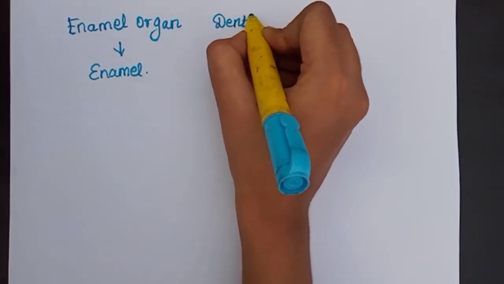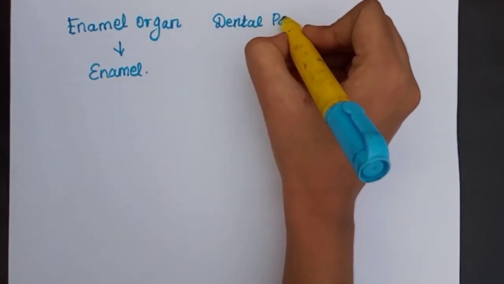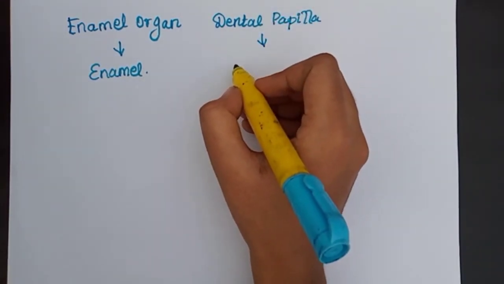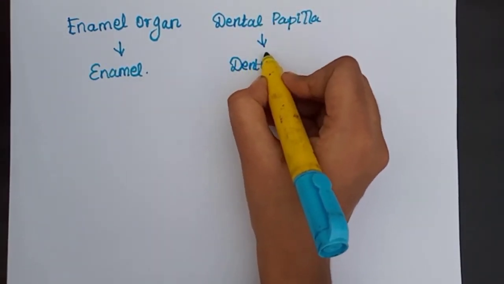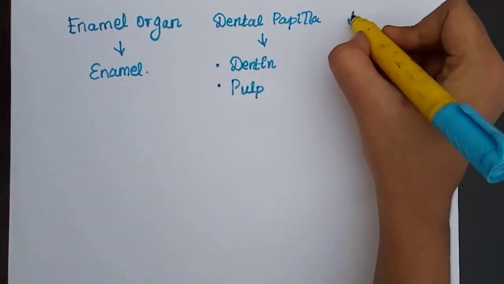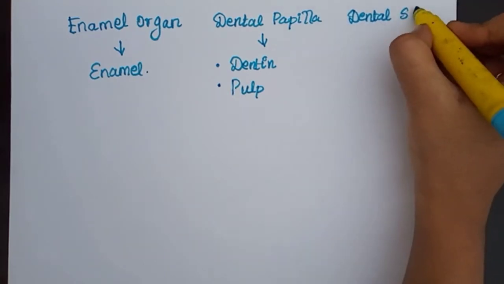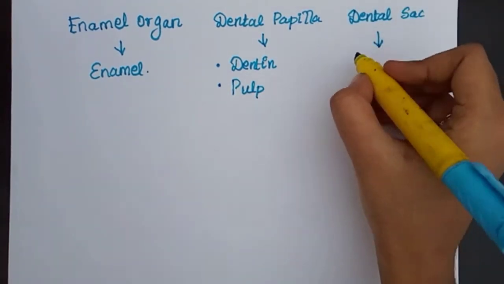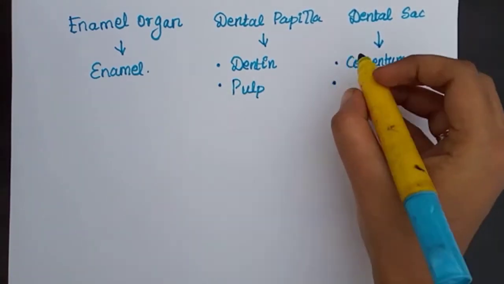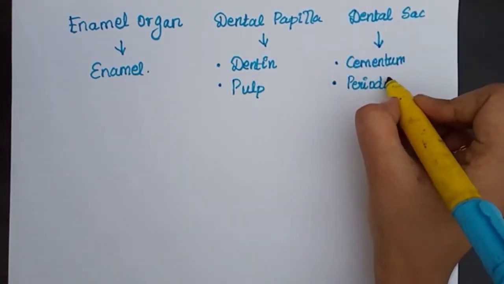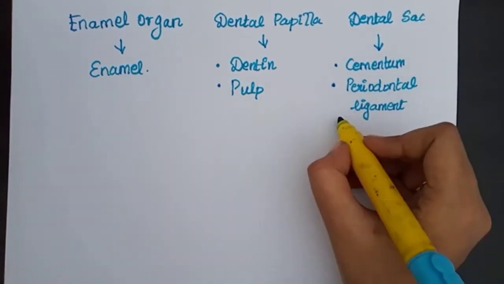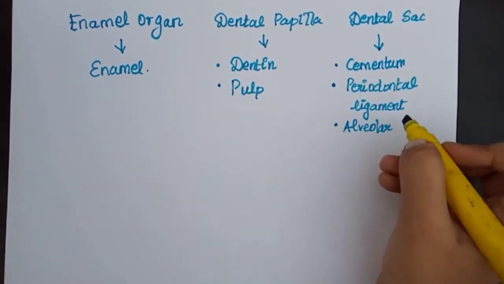From dental papilla, dentin and pulp are formed. And from dental follicle or dental sac, supporting structures like cementum, periodontal ligament, and alveolar bone are formed.